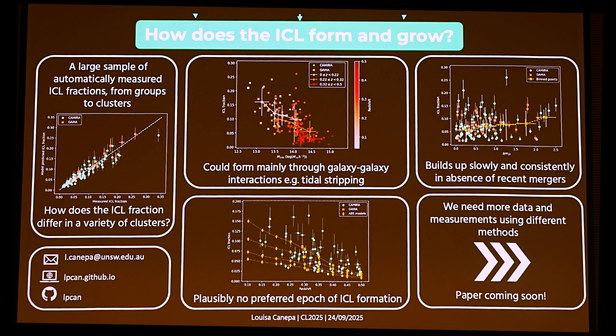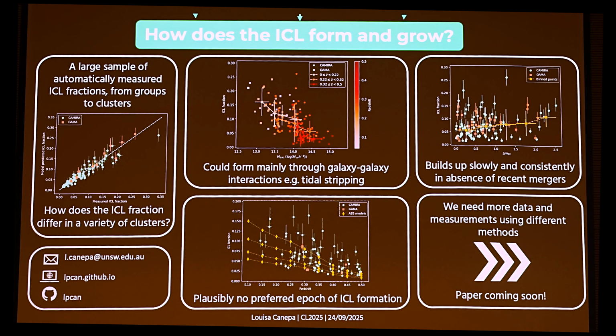Because, for example, something that I would be thinking about is that different portions radially of the ICL might be coming from, say, different formation methods. And so if you use different measurement methods which would probe different areas of the cluster better or worse for ICL, you might actually draw different conclusions about where the ICL is coming from, for example.